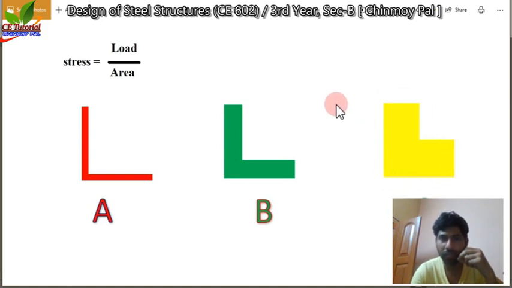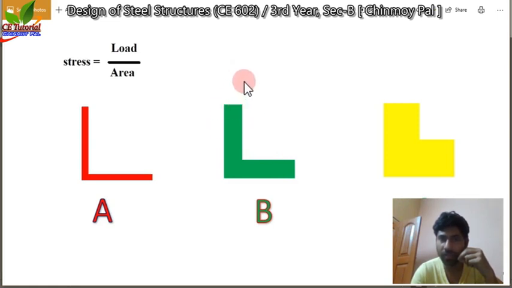So we have to keep in mind two guidelines, that is, the structure should be safe to carry our design load, and the construction cost should be minimum. That's why, to find out the actual minimum cross section which can carry our applied design load, we need some methodology or some assumption or formula.